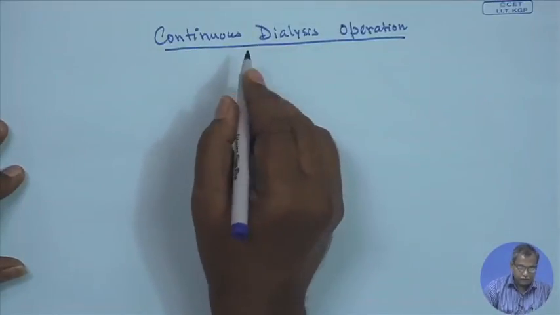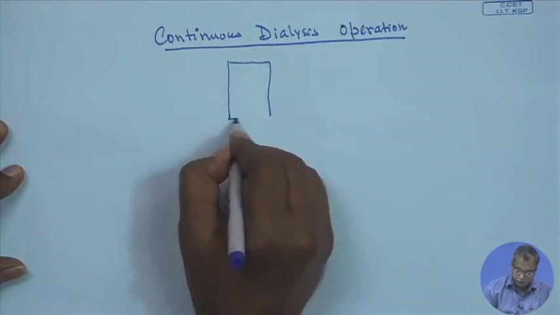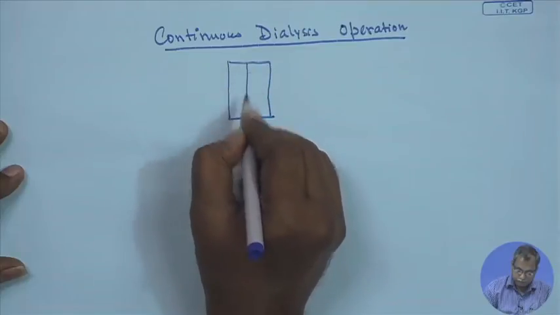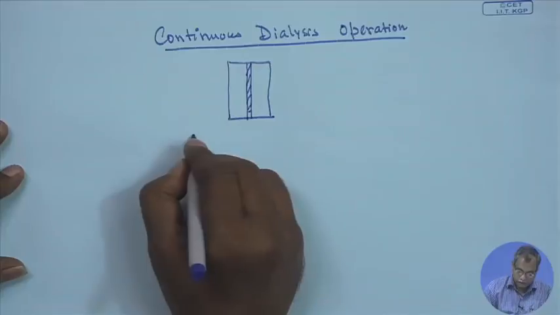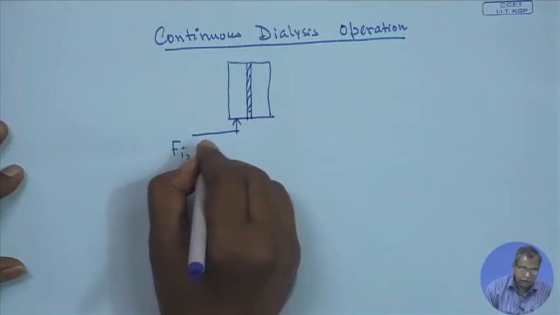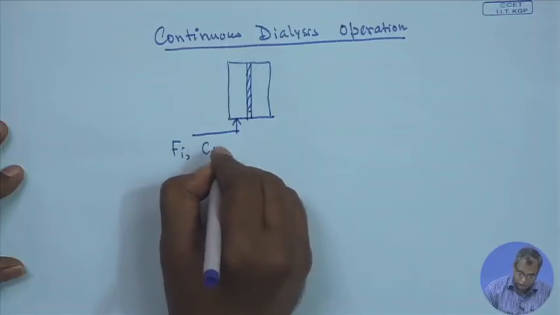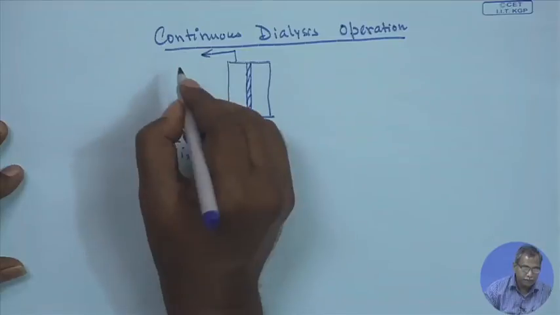So, in a continuous system, first we label all the streams and their concentrations. This is the feed going into the system, Fi, Ci, Fi, the ith component going into the system.